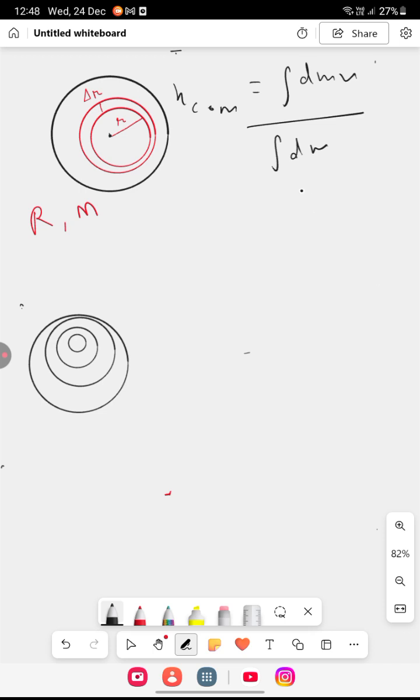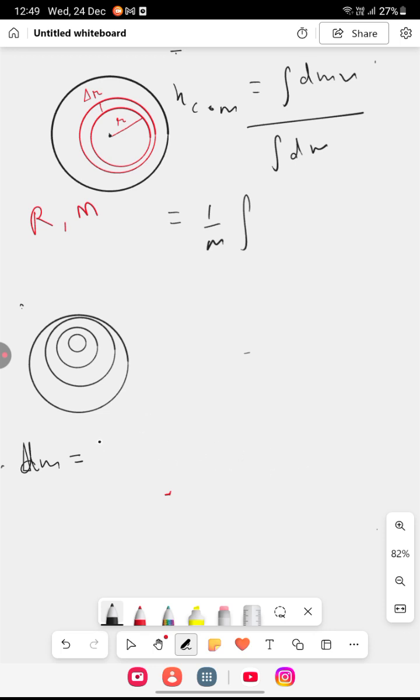We know integral of dm will be replaced by M, so it will be 1 by M integral of x dm. Here, in case of a ring we have material just on the circumference, but in case of a disk the material is also inside. So we will consider sigma instead of lambda, the areal density.